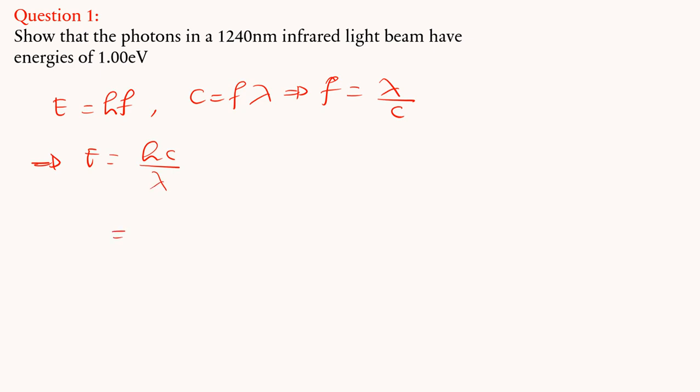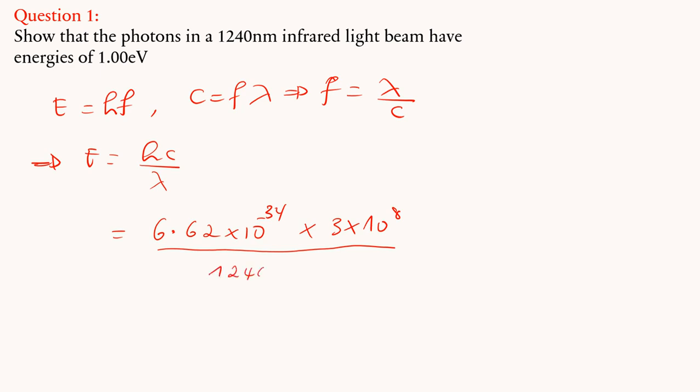So let's do the numerical application. Planck's constant is 6.62 times 10 to the negative 34, times the speed of light, which is 3 times 10 raised to the power 8 meters per second, divided by the wavelength lambda, which is 1240 nanometers, that is times 10 to the negative 9.